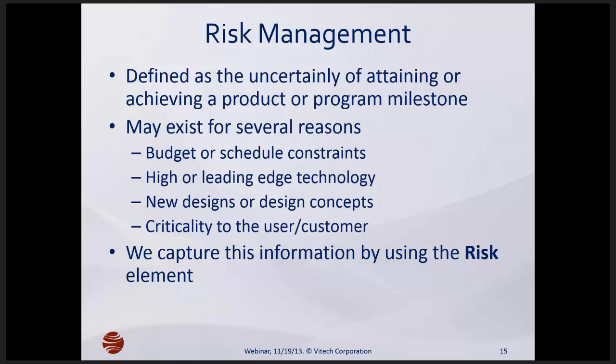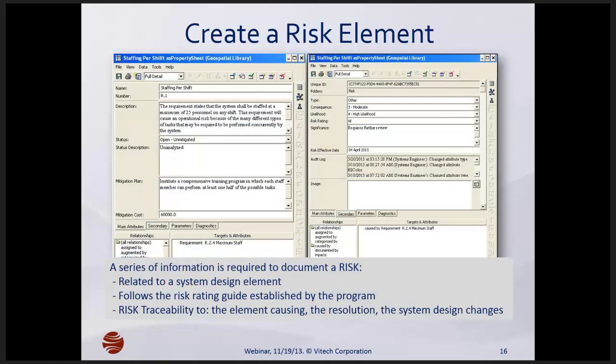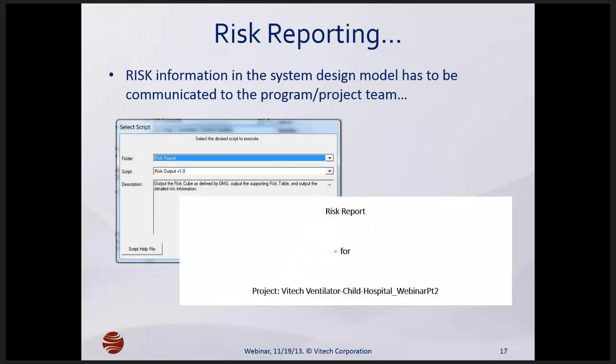We can save that for another time, but I just wanted to introduce the fact that we have risks in our model, and those risks have the same traceability and same ability to show what changes are made in the system design as a result of this risk. So we can create risk elements, and I'll walk through and show you where those risk elements are. And then finally, we can easily produce a risk report.